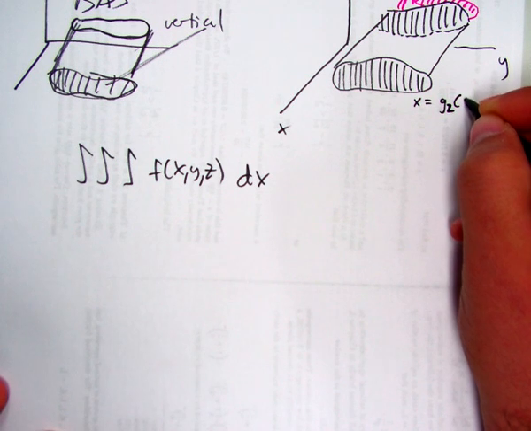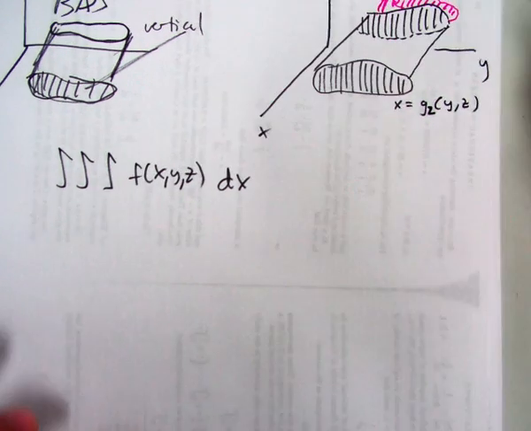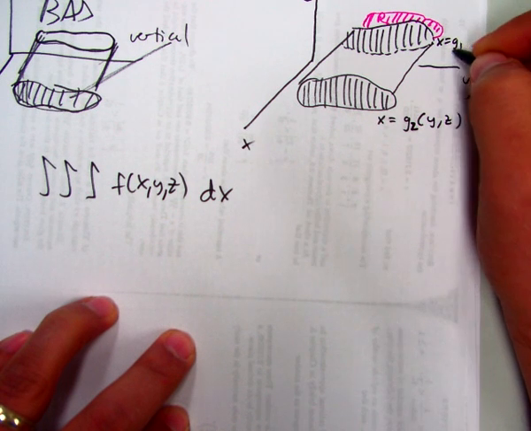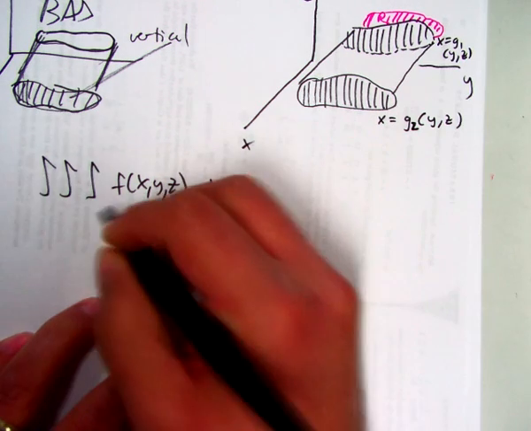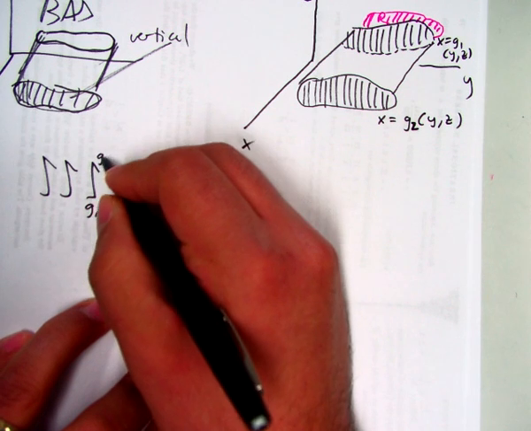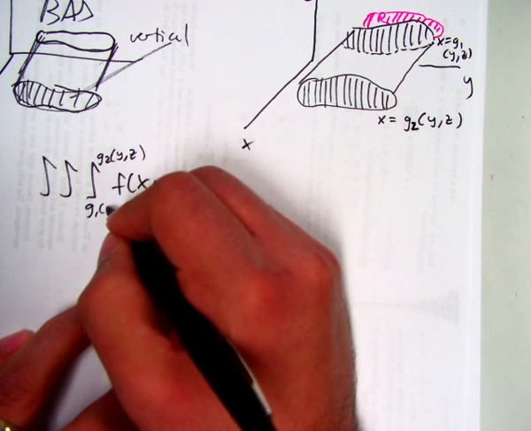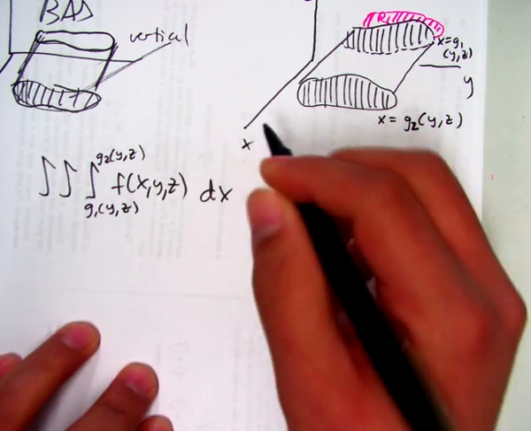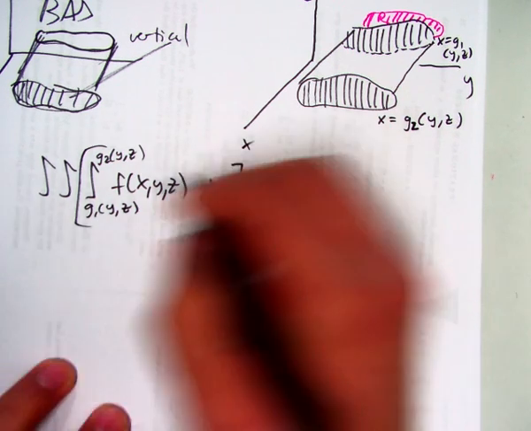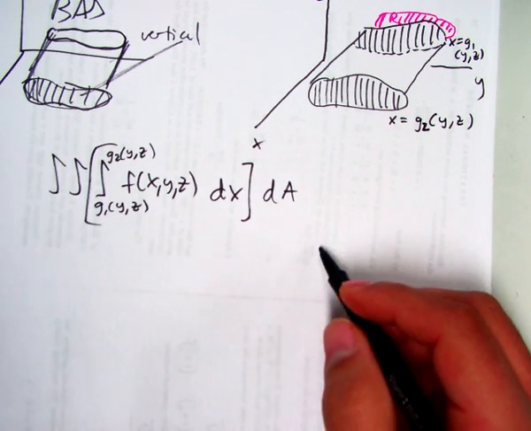Y and z. And then this will be x equals g1 of y and z. So those are the bounds here. We do this one first, and then the other one becomes a double integral over a region R.